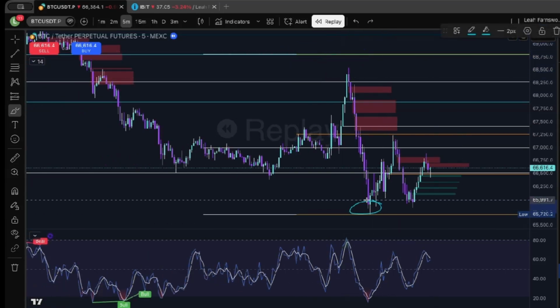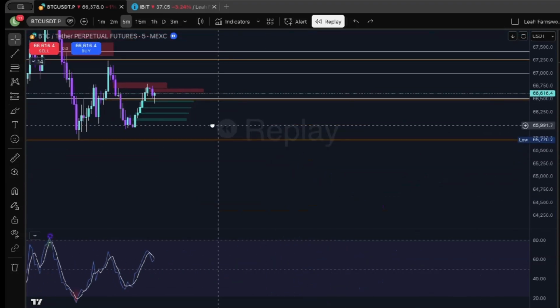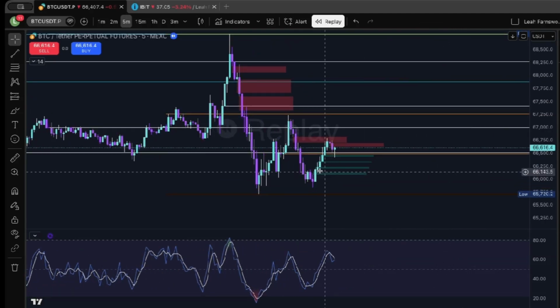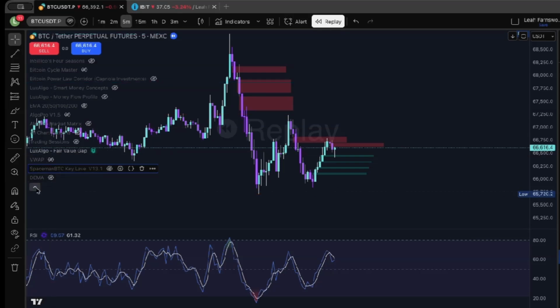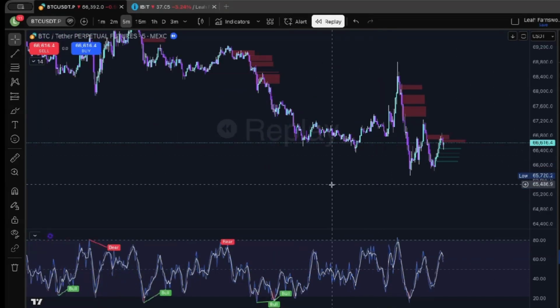Same with the bottom zone, right? We hit a key level down there, a 4-hour mark, probably the bottom. We hit a key level down here, and then we got a strong move upward. Now you could wait for these 5-minute bullish fair value gaps again and take a move upward. These are all things to play with and look at when you are trading, because these liquidity sweeps are going to happen all the time.